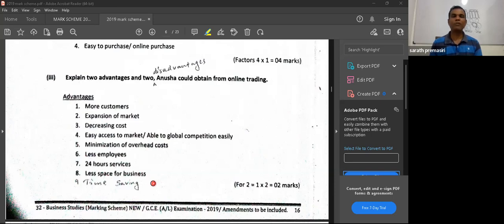Can supply 24-hour service. Next one, can manage the business with less space.